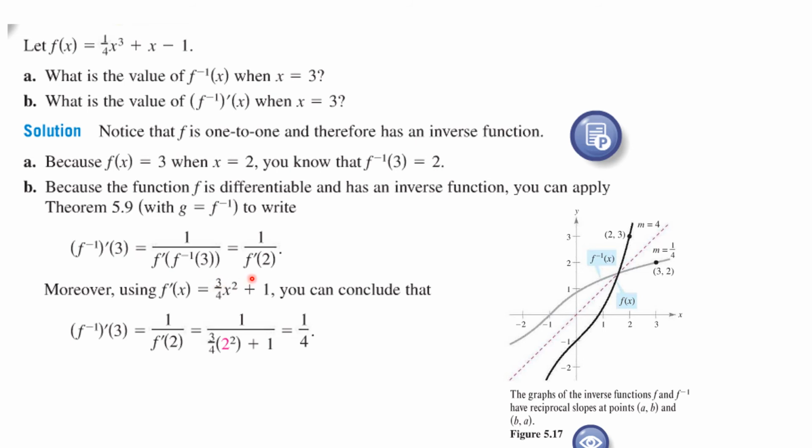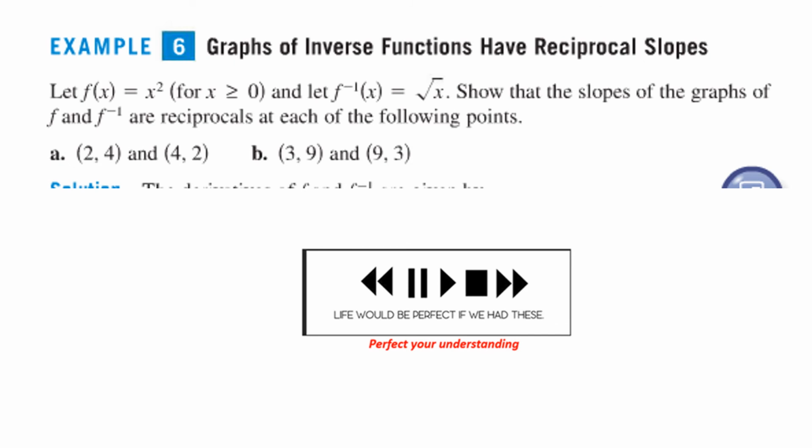But you see here, we do know what the derivative of the inverse is because we already calculated the derivative of the function, so we know the derivative of the inverse function at 3 is 1 over the derivative of the function evaluated at 2. I plug in the value and I get 1/4. This is a useful example for you to study, so take some time with this.